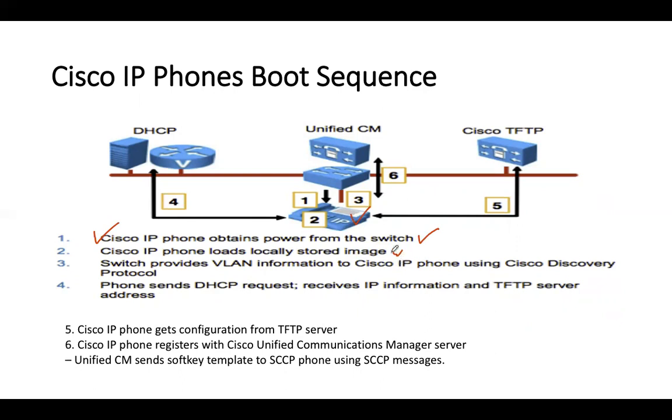Once it is booted up and powered on properly, the switch, with the help of CDP, Cisco Discovery Protocol, provides the VLAN information to the phone. Now the phone is aware of what VLAN it is part of.